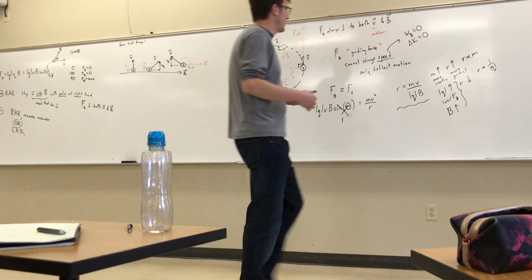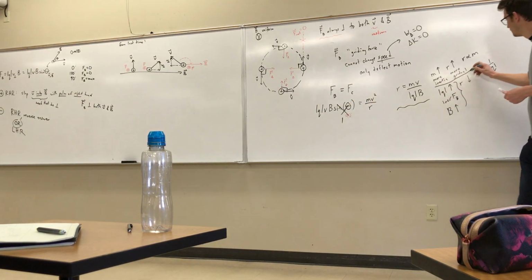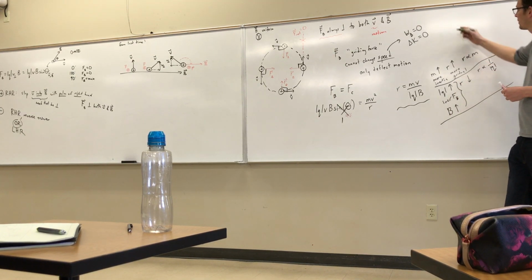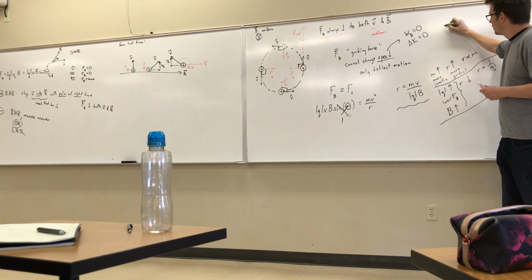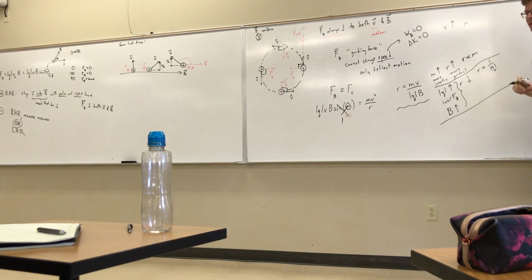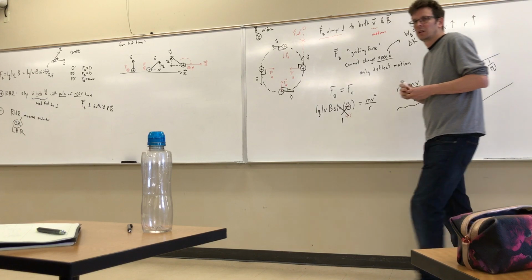So, the final factor is the weird one. I'm writing really crooked. I guess let me move over here. So this tells us that if we increase the speed, then what happens to the radius? It also gets larger. Why is that weird?